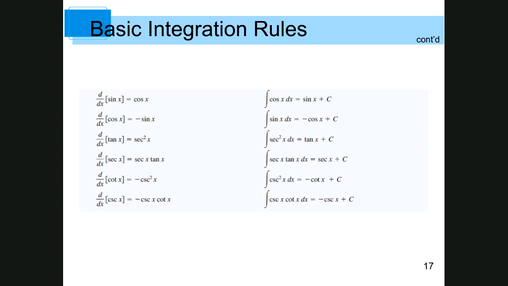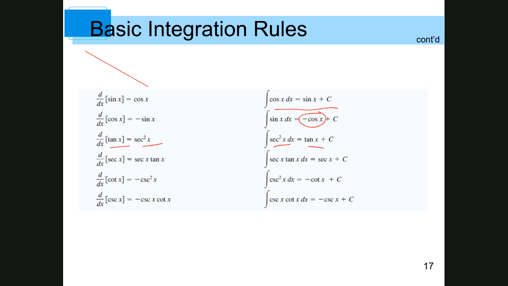Let me remind you of some interesting integrals. If you remember, the derivative of sine is cosine. So now the integral of cosine becomes sine. Now, the derivative of cosine is minus sine. Be careful now: the integral of sine is minus cosine. The derivative of tangent is secant squared, so the integral of secant squared is tangent x.